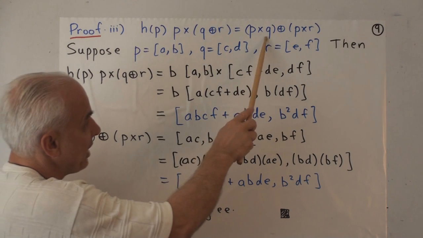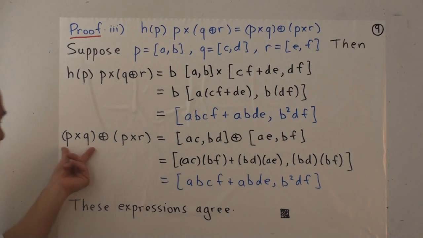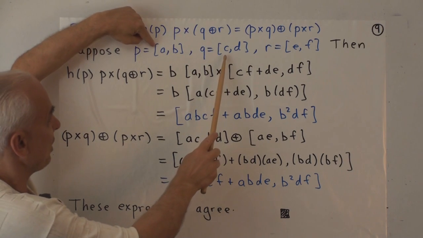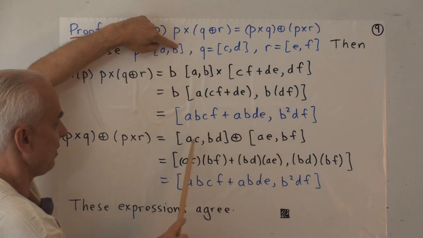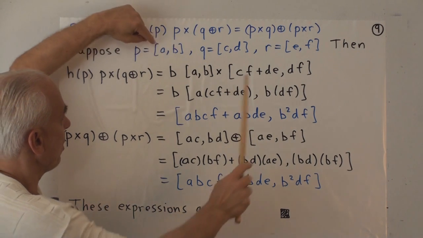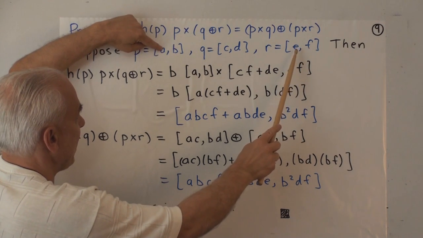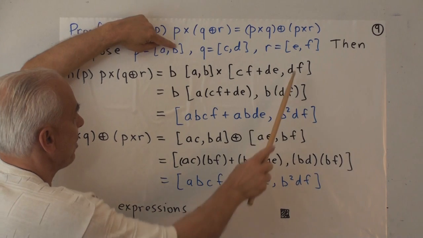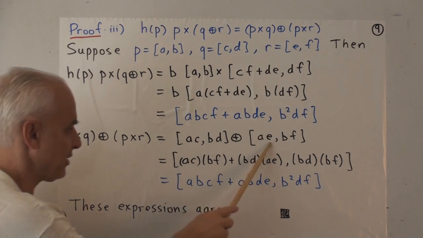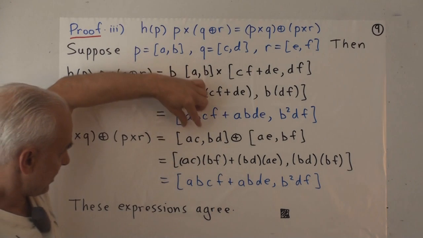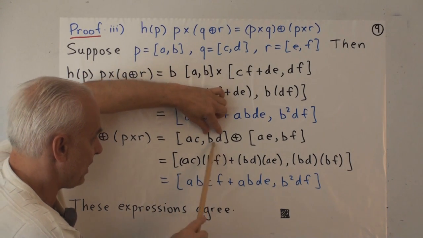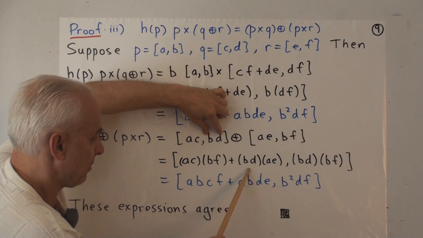Now the right-hand side, P times Q plus P times R. There's P times Q, P times R. So P times Q will be AC, comma, BD. We have to add to that P times R, product of this one with this one, so that's AE, comma, BF. So how do we add these two? We take AC times BF plus BD times AE.